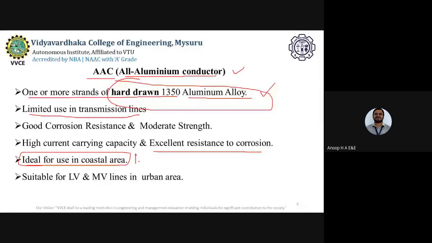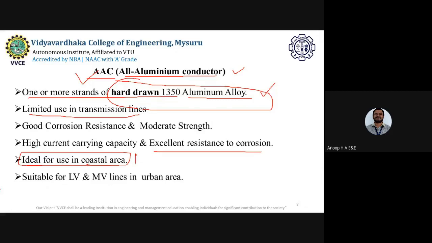It is frequently subjected to corrosion in coastal areas, and that is the reason it is extensively used there. Now, we generally use ACSR conductors only. We do not use the AAC. We will be using the ACSR conductors.